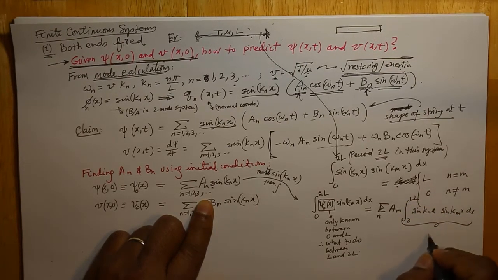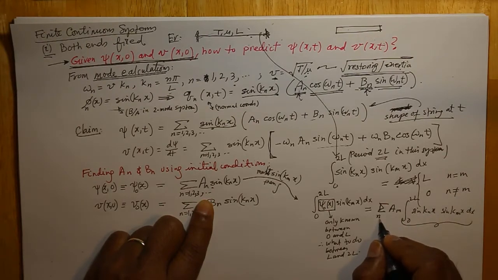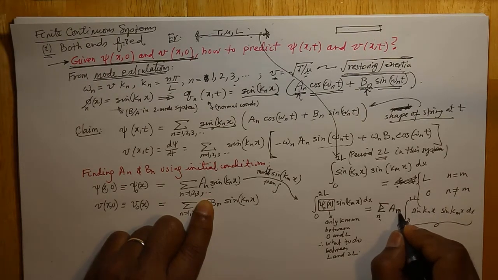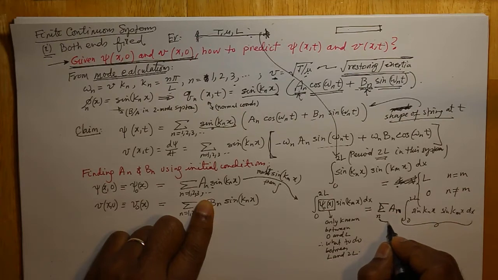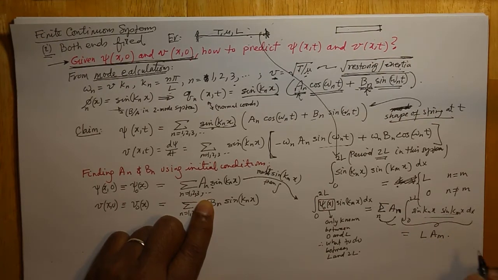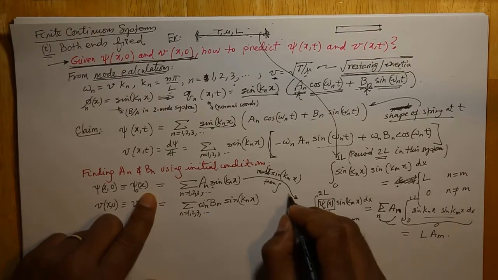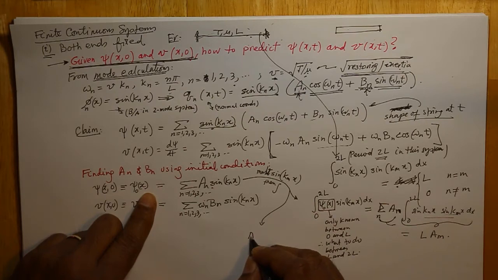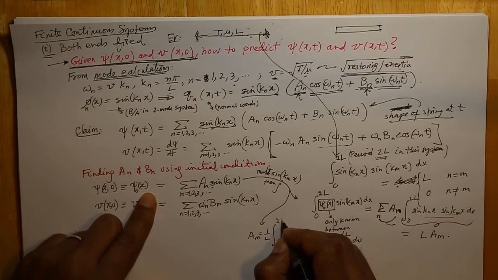This is going to be nonzero only for that value of n when n is equal to m, and for that I'm going to get L times am. So this says am is 1 over L times this integral.